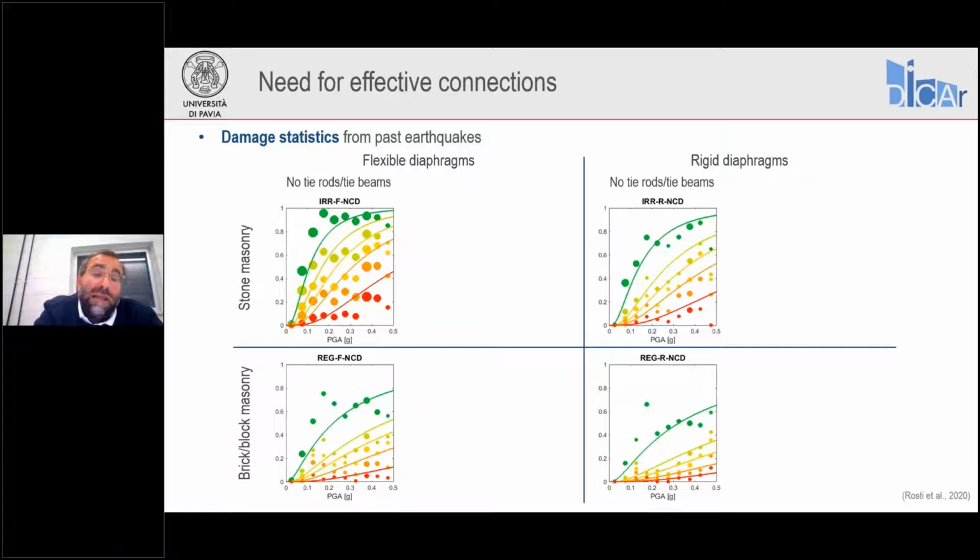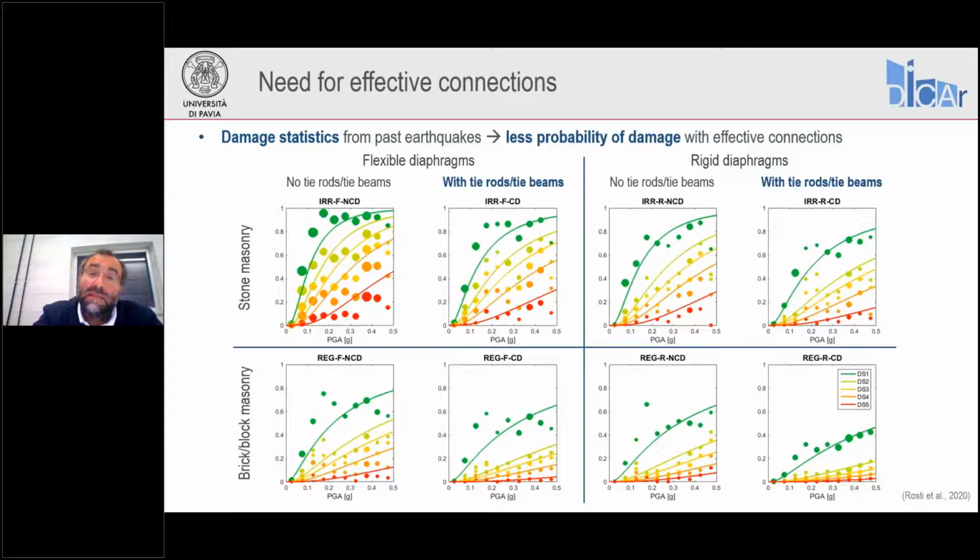So already without any connection improvement, you can see that the effect of rigid diaphragms is making these curves less steep. So already having rigid diaphragms is helping reduce the risk for all limit states. But look at what happened for the cases with tie rods or tie beams, let's say with improved connections.